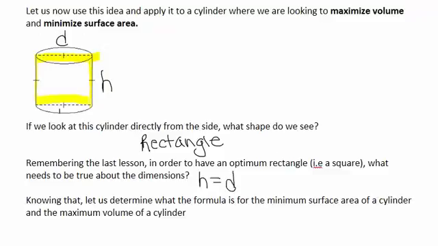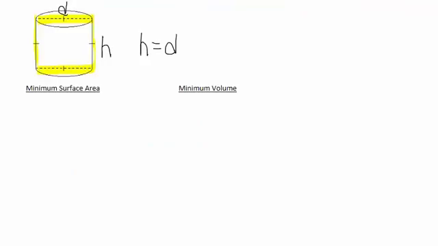So knowing that, let's determine the formula for the minimum surface area of a cylinder and the maximum volume of a cylinder. Now that we have figured out the one condition that needs to be true to create an optimal cylinder, let's derive the formula for the minimum surface area. So we know that the formula for the surface area of a cylinder is as follows. Surface area is equal to 2 areas of a circle plus the area of one rectangle.